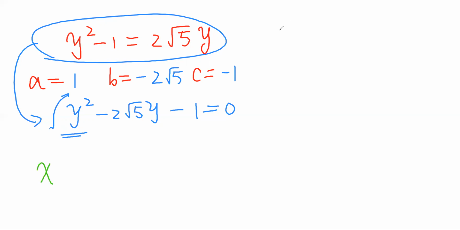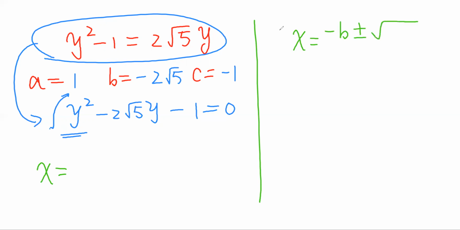So the answer here is, x equals, let me write over here, I have more space. X equals negative b plus minus square root of b squared minus 4ac. If you don't remember this quadratic formula, write a note next to you, all right?